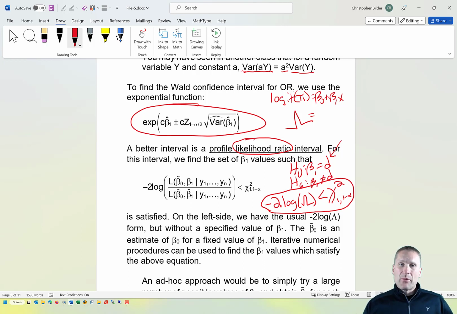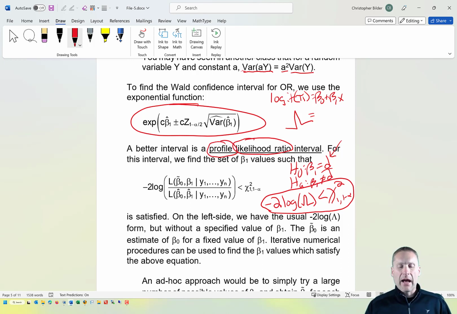But since I have beta 1 there, I need to find the maximum likelihood estimate for beta 0 subject to beta 1 being restricted based upon the null hypothesis. And that's what makes this a little bit more complicated. And because I also have to worry about beta 0, this isn't just referred to as a likelihood ratio interval, but rather what's called a profile likelihood ratio interval.